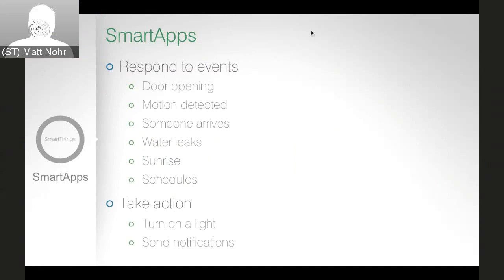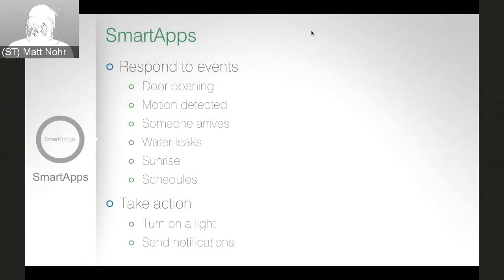Smart apps have a couple of functions. They respond to events, and that's how they're triggered. It can be anything from your physical devices, like a door opening, motion detected, someone arriving, or water or smoke being detected. But it can also be things not based on devices in your home, like schedules or sunrise or sunset.